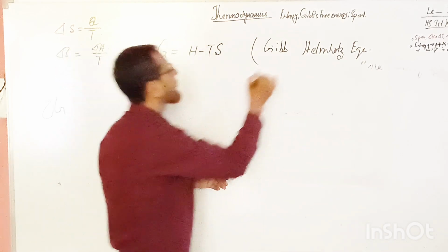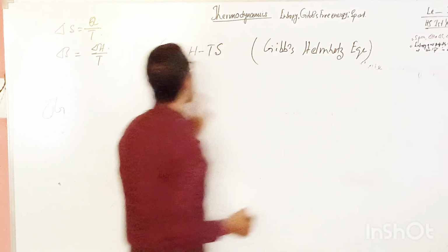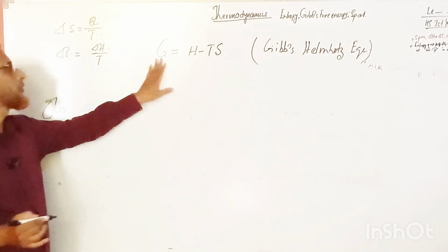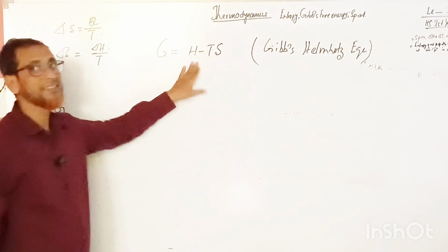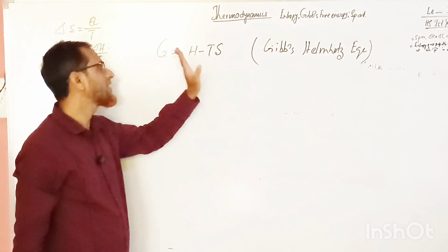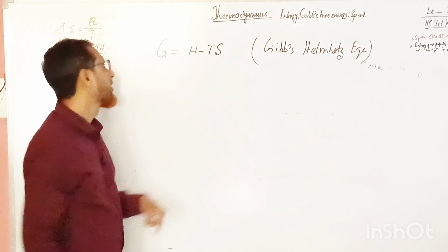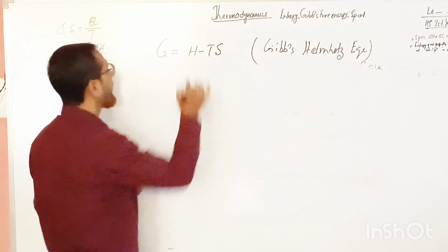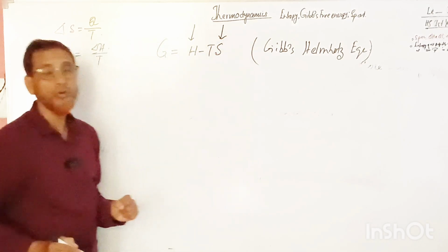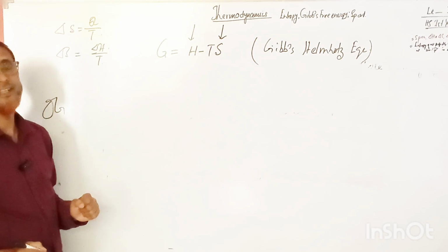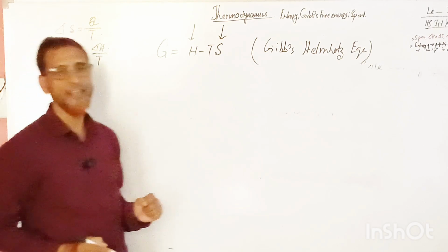This is the Gibbs-Helmholtz equation. Just keep it in your mind: G is equal to H minus TS, where G is the Gibbs free energy, H is enthalpy, T is the temperature, and S is entropy. A bit earlier we told you that enthalpy and entropy alone cannot be the criteria of spontaneity of a reaction.